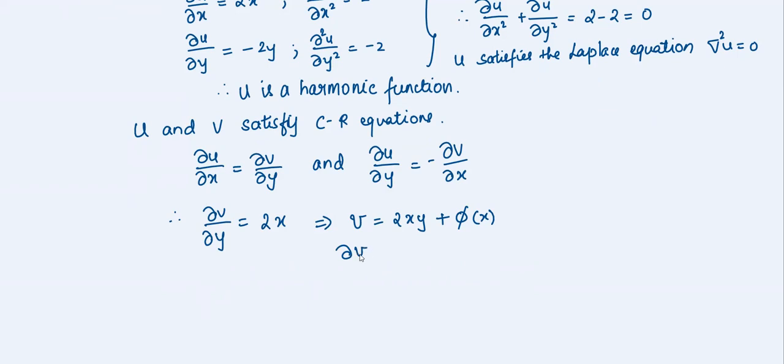Now dou v by dou x is 2y plus phi dash x.